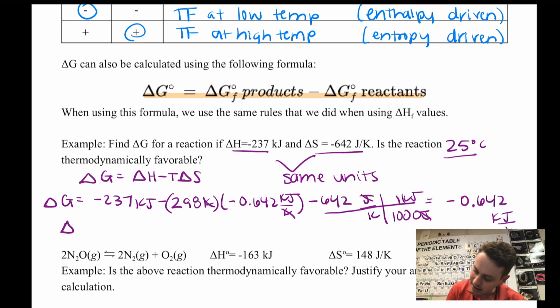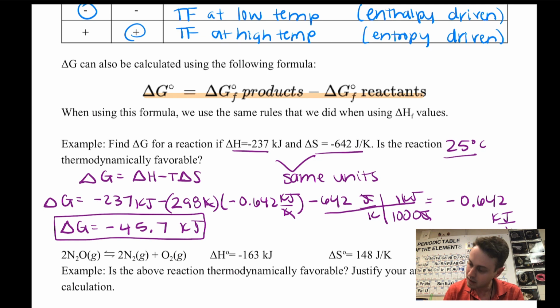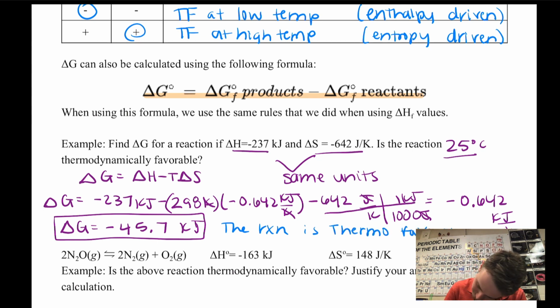Okay, and I got that my delta G is negative 45.7 kilojoules. The reaction is thermodynamically favorable because delta G is negative.